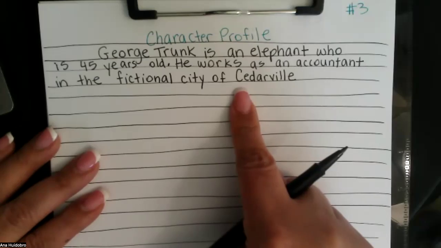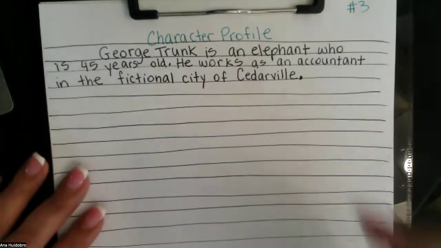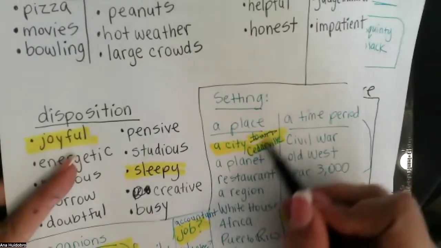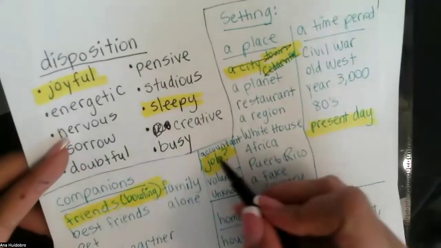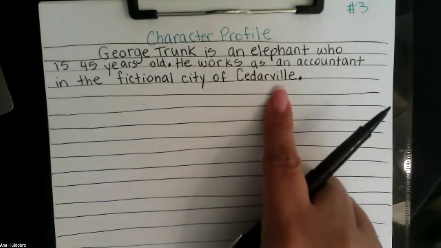It should always be capitalized. Okay. So I have two sentences so far. He works in a town called Cedarville and he is an accountant. So I'm letting you know about my character. And as I'm going through my notes, I have plenty of information, so I don't have to think, oh no, what do I write?